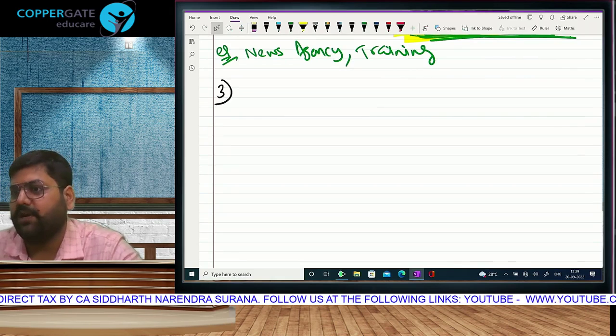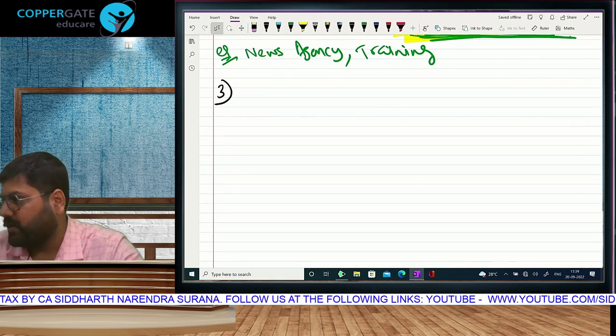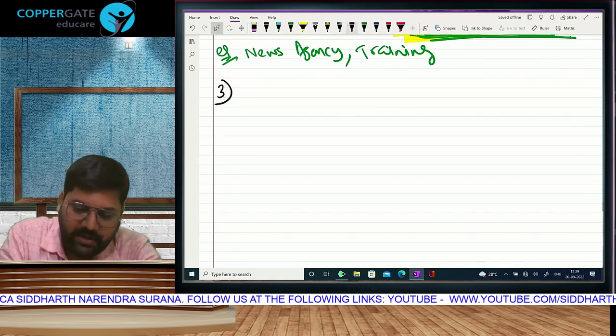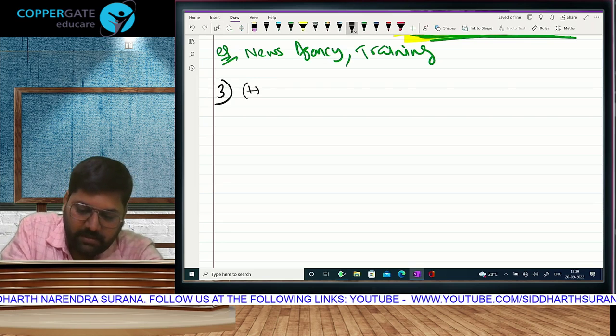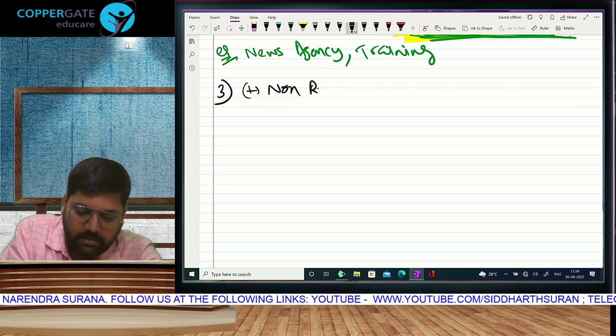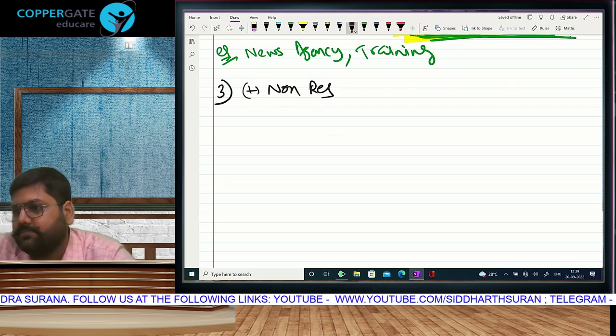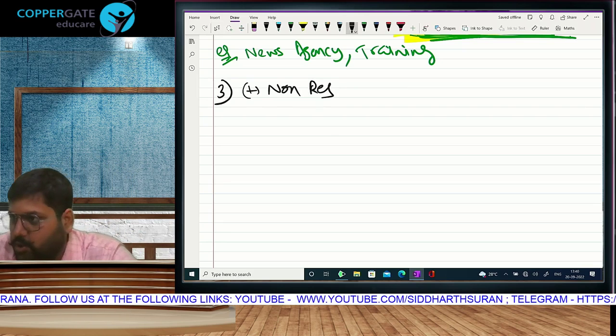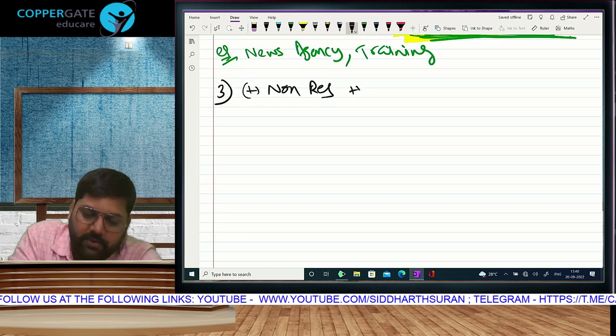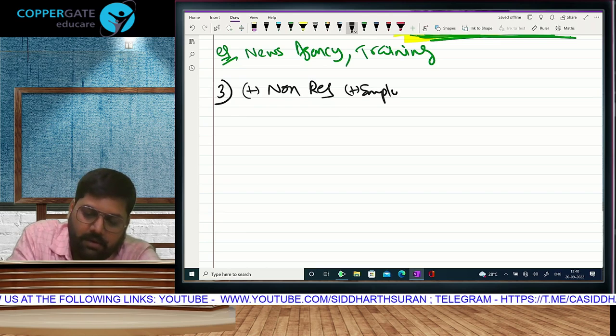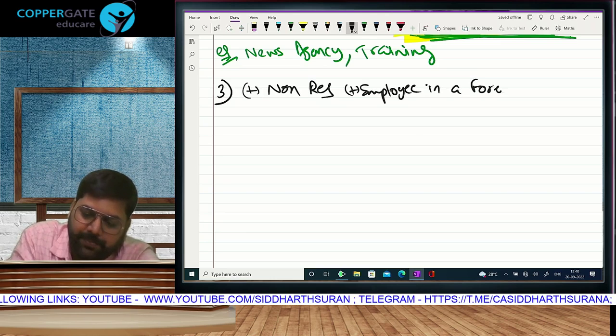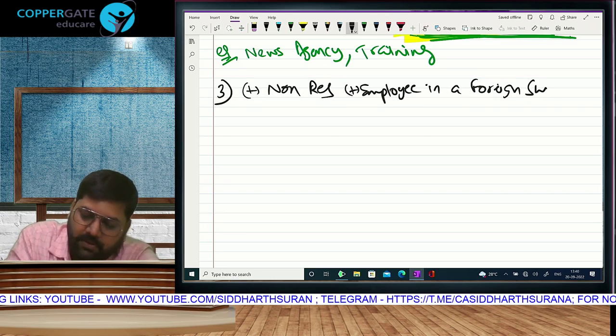All the people in point 1, 2 and 3 are, in fact one more point, they are all foreign citizen. What extra condition? Extra. You are a non-resident. Foreign citizen who is a non-resident, and you are an employee in a foreign ship. कौन है आप?